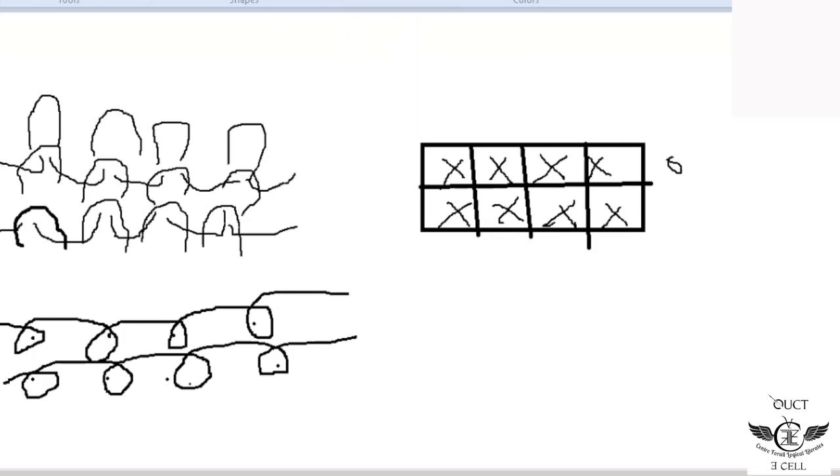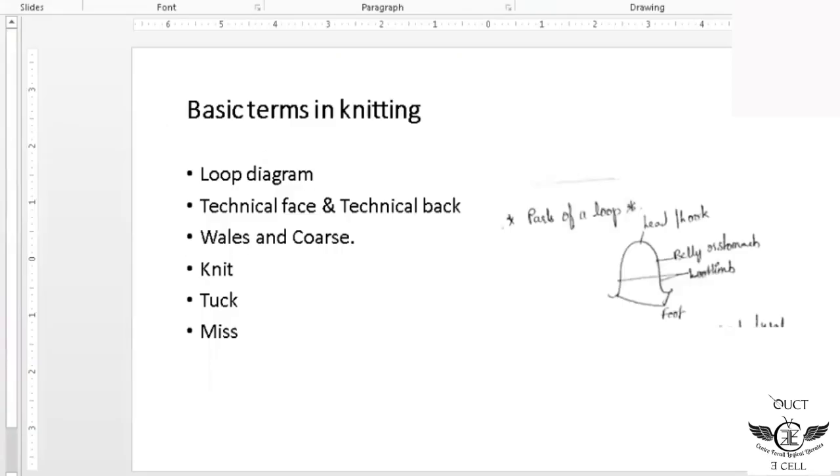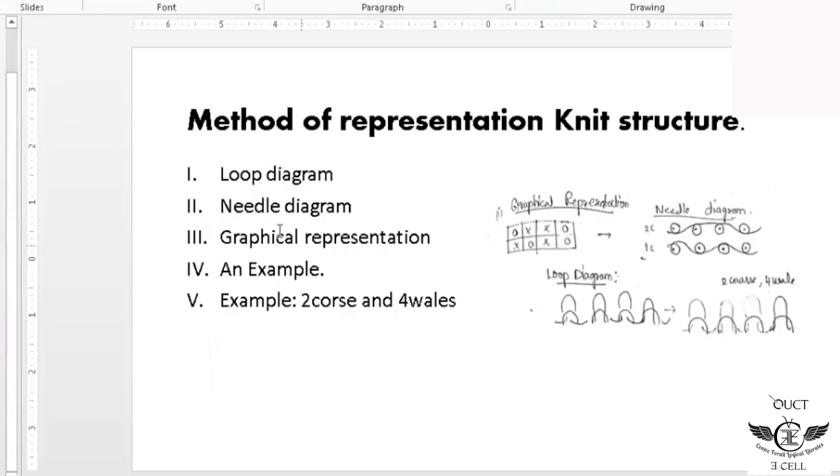Here I have told you before about technical back, right? These were the main important structures. So we have learned the loop diagram, needle diagram, and graphical representation.